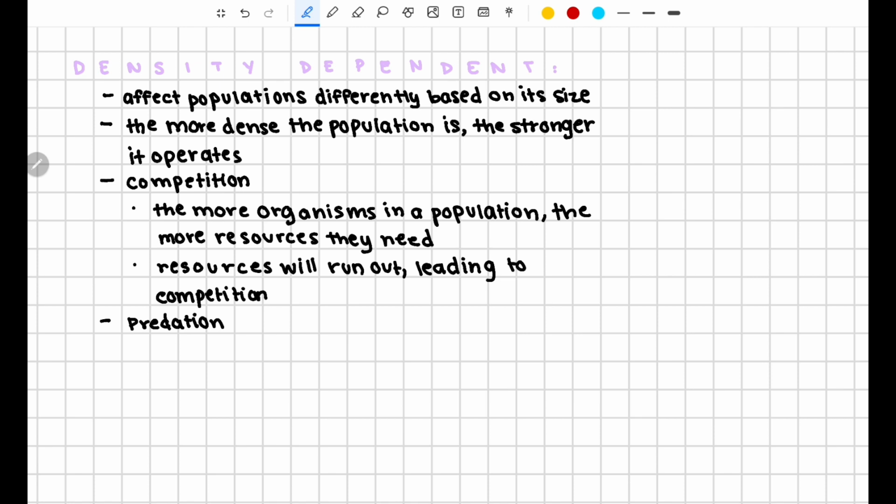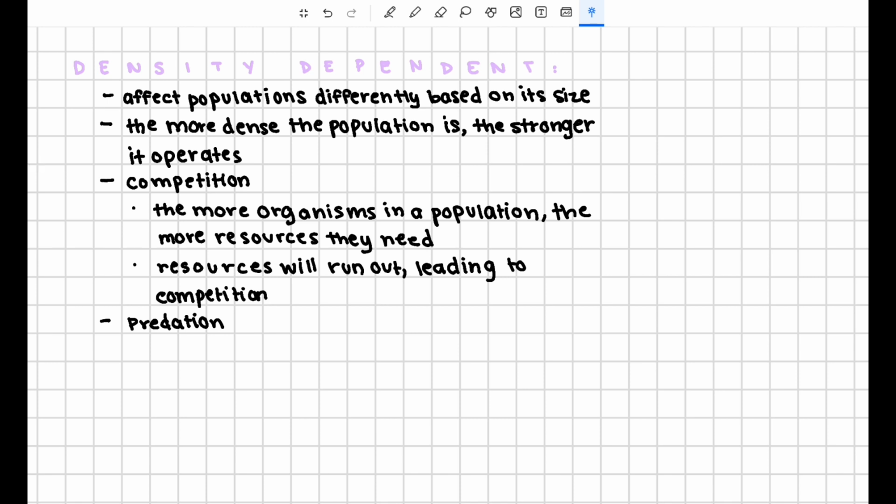Another example of a density-dependent factor is predation. Going back to the first bullet point under competition, the more organisms in a population, the more resources they're going to need for all of them to survive. That means they need more food.